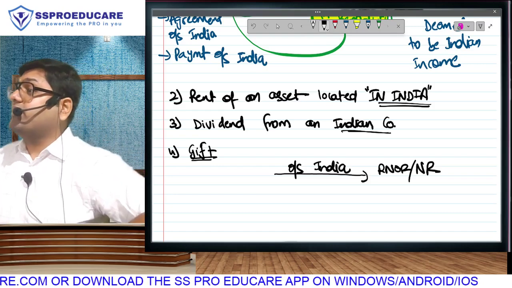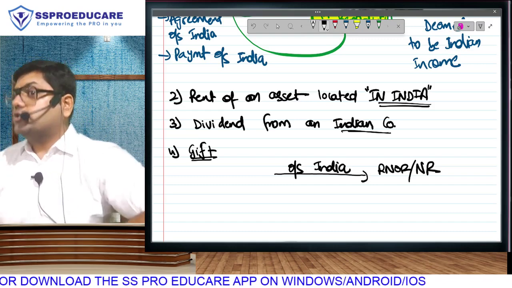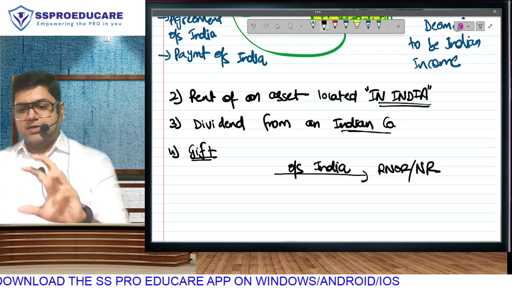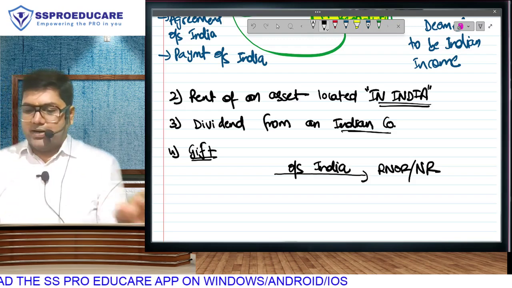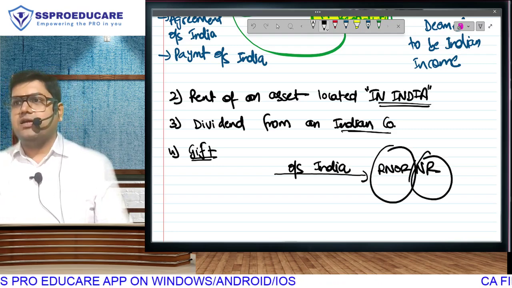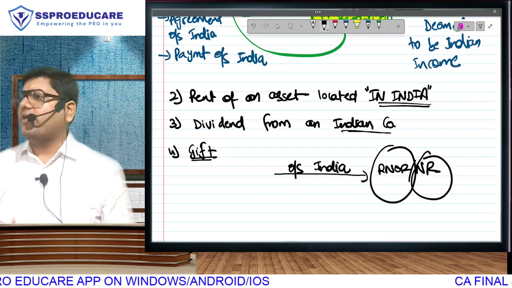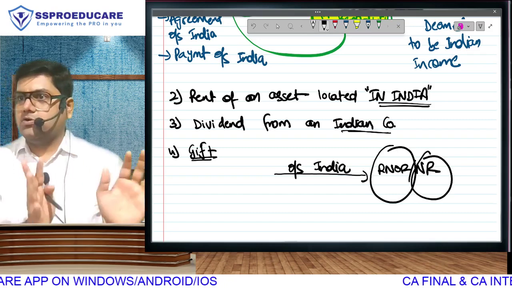If the gift is received in India, again it is already Indian income, you don't have to deem it. So what was happening? This whole point was introduced in two parts. This was introduced in 2019 budget. This was introduced in 2023 budget. Of course, for your syllabus, 25 is applicable. So none of them are latest amendments. They are old. They are a part of the old law now.